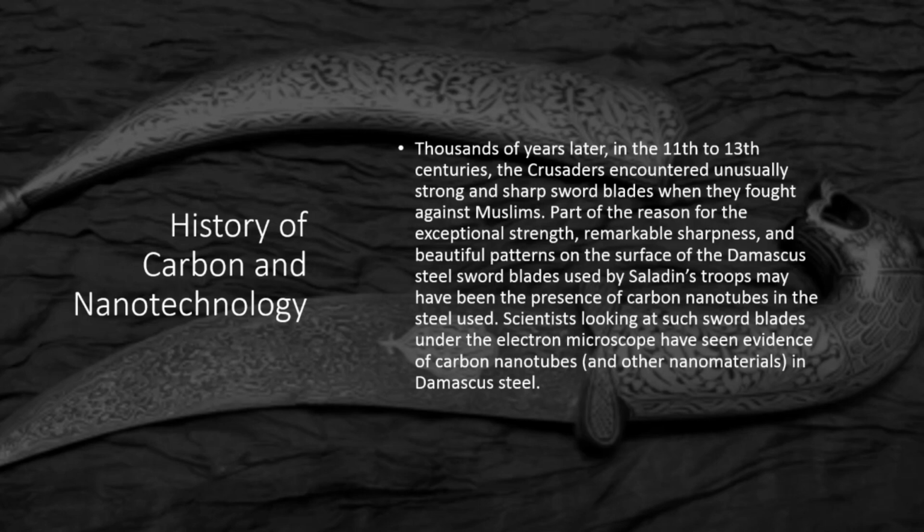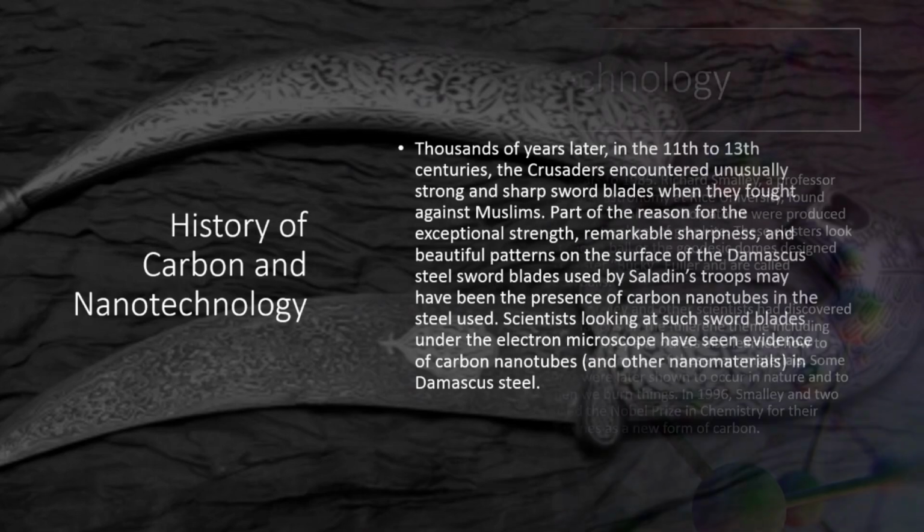Scientists looking at such sword blades under the electron microscope have seen evidence of carbon nanotubes in Damascus steel. And maybe this is the first time carbon and nanotechnology were used together in world history.